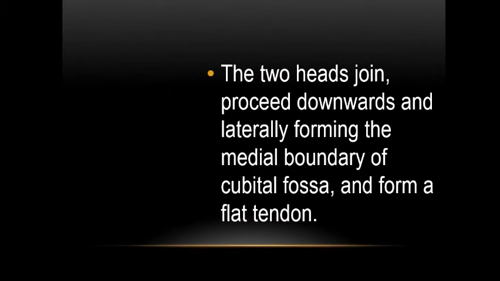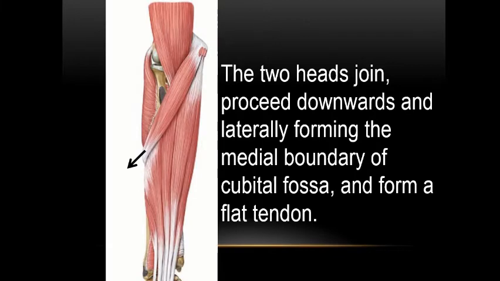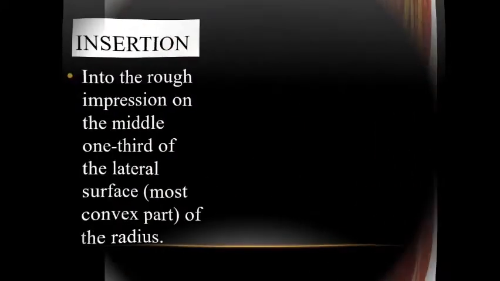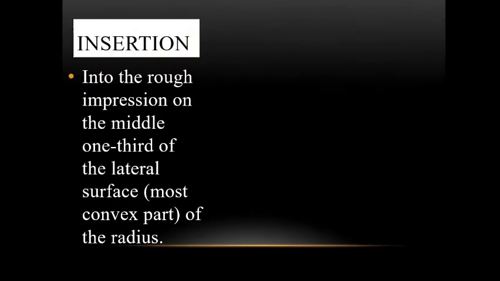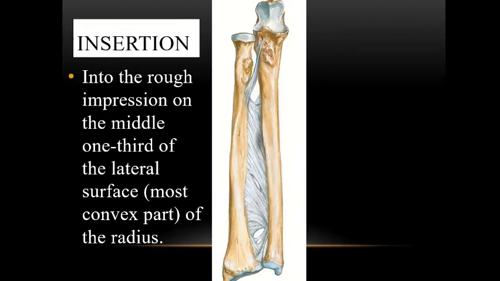Then, going to the course of these two heads, they join and proceed downwards, forwards and laterally, forming the medial boundary of the cubital fossa, and form a flat tendon. That tendon reaches the lateral surface of the radius, which is also the most convex part of the radius.